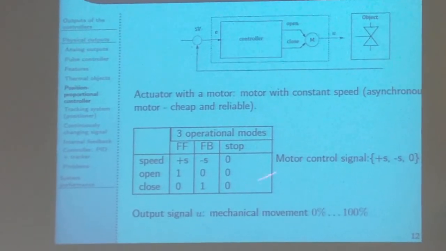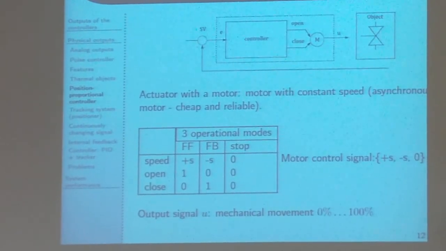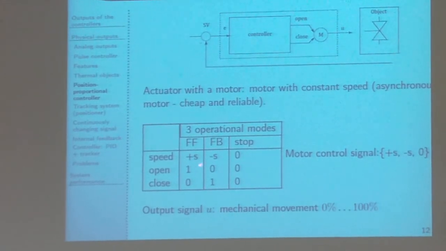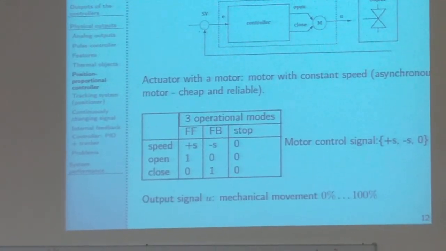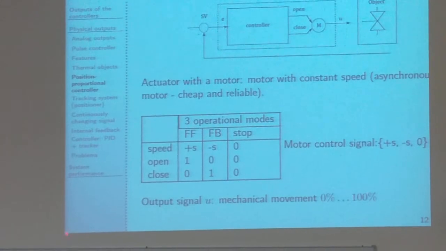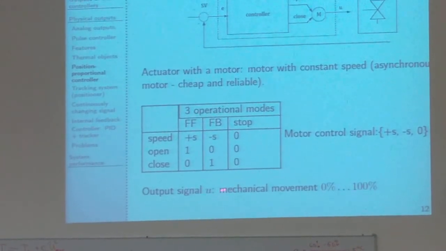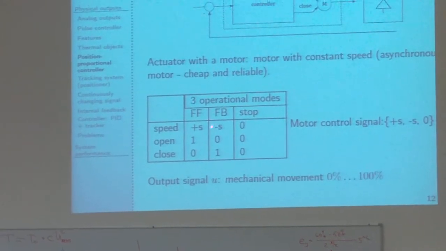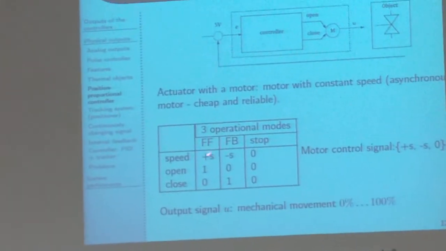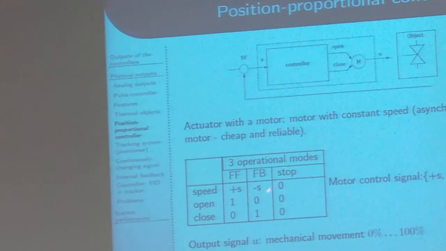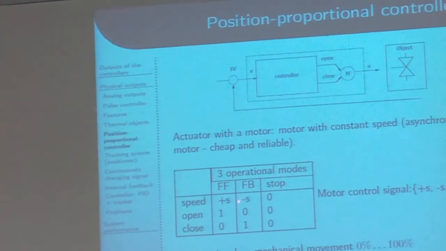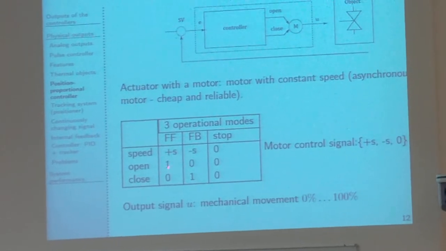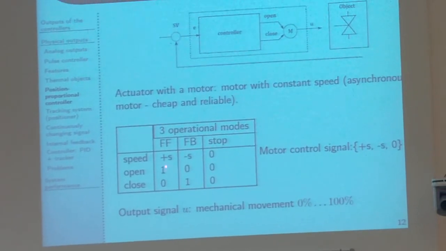If we take a look at the situation, we have three operational modes here. When our speed is positive, we're always moving at the same speed in one direction or the other. So we have feed forward, or positive speed, feedback of negative speed, so another direction of rotation.